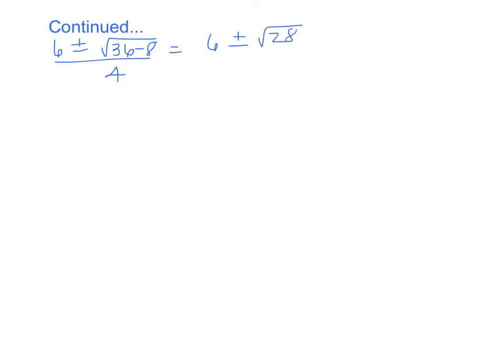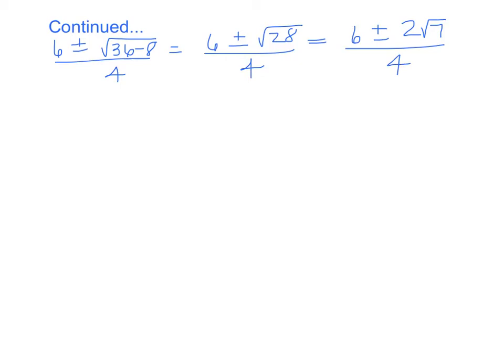And then once you get here, if you can simplify it, you want to. So that'll be 4 radical 7. Excuse me, 2 radical 7 all over 4.